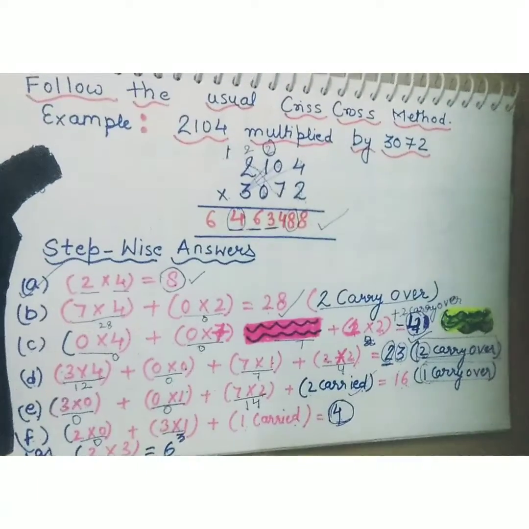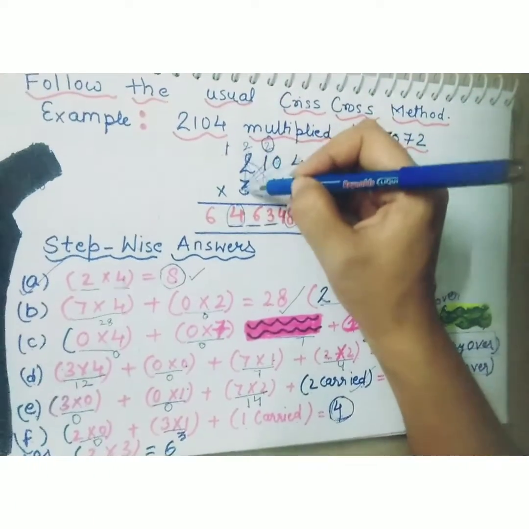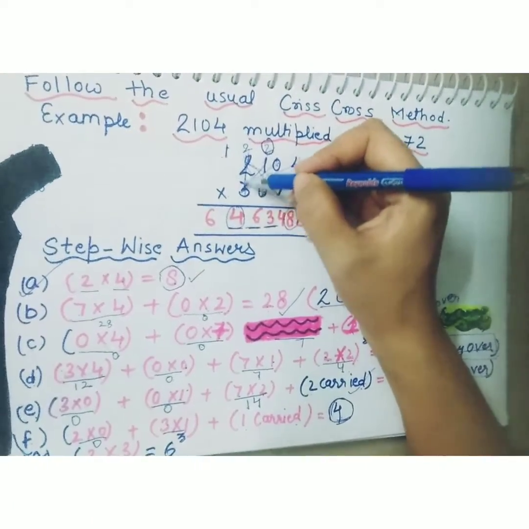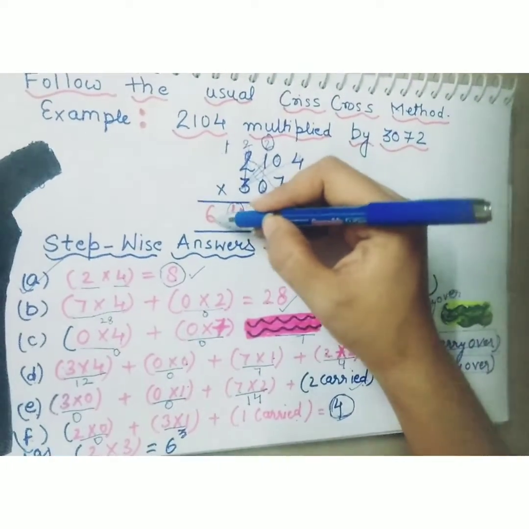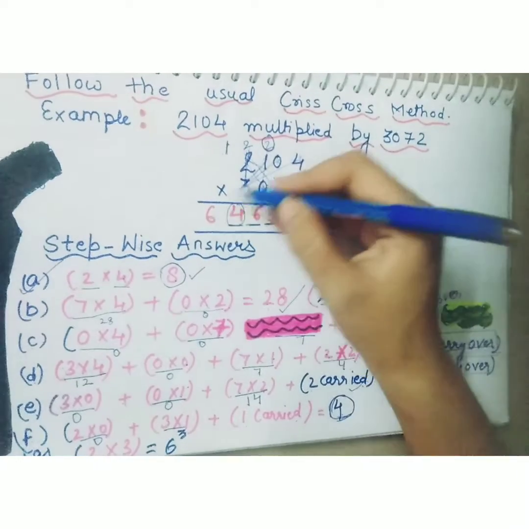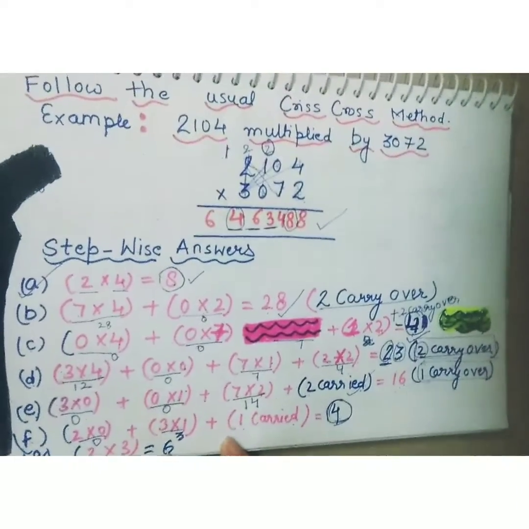In the last step, step 7, what is the I formation? 3 2s are, or 2 3s are 6. So I have written 6 here.